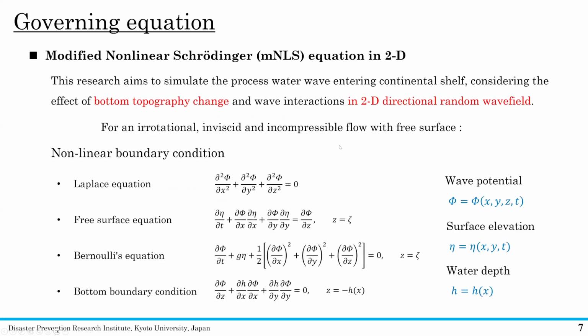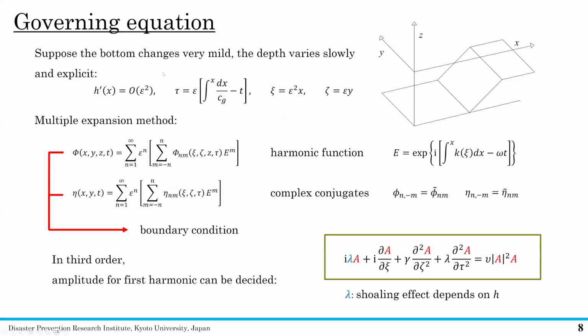the numerical process. For the modified nonlinear Schrödinger equation in 2D, first we list the nonlinear boundary conditions from the Laplace equation, the surface conditions, and the bottom condition, which are all nonlinear forms, at least to the second order. Then we have a mathematical process. Because there are so many nonlinear terms, it is very difficult, so we need to simplify.